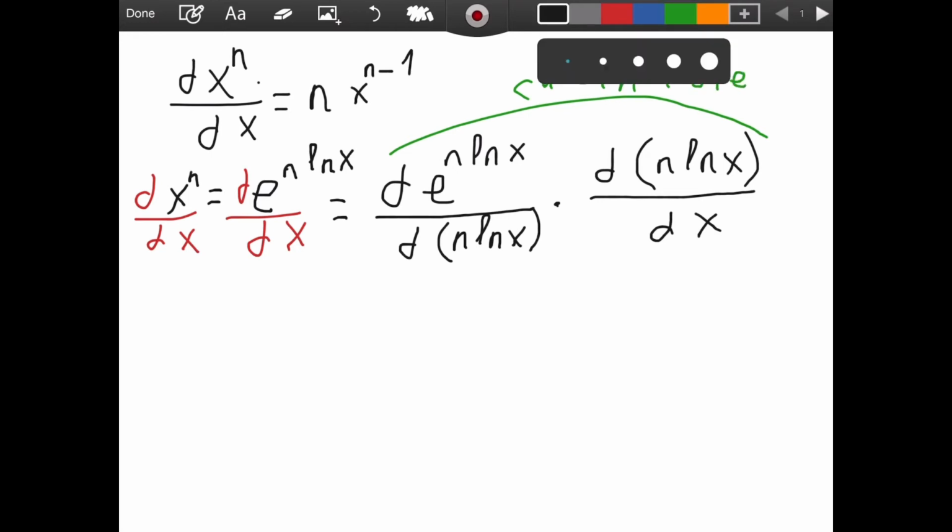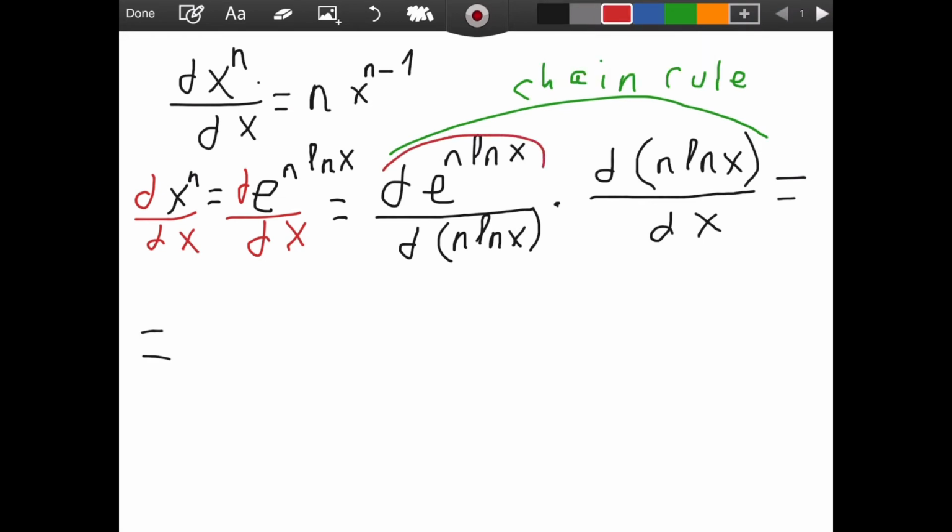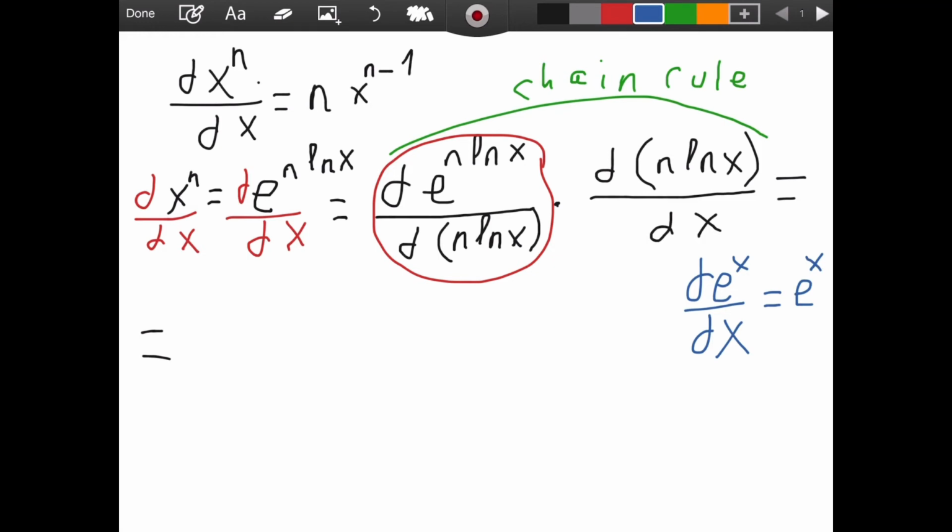Great. So let's see what happens. What is the derivative of this part? What is the first derivative? Well, you probably know that. And if you don't know this, you will be surprised, I think. But the derivative of e raised to the power of x with respect to x is equal to e raised to the power of x. I think it is very nice. And if you see, instead of x here, we just have a product.